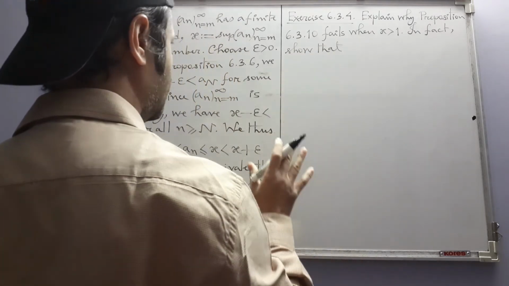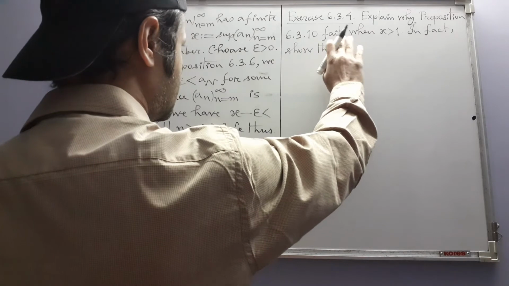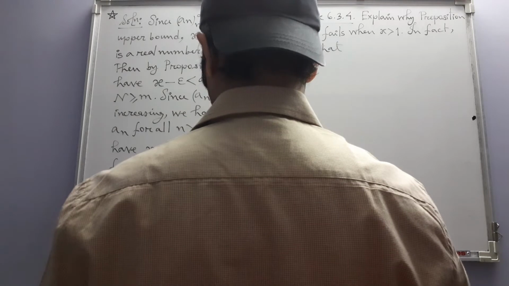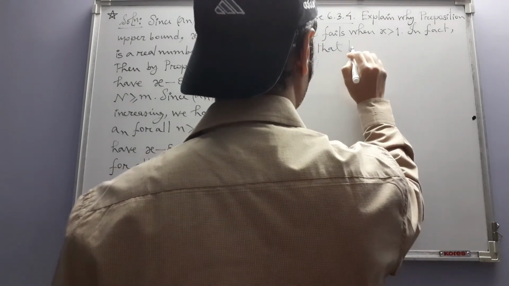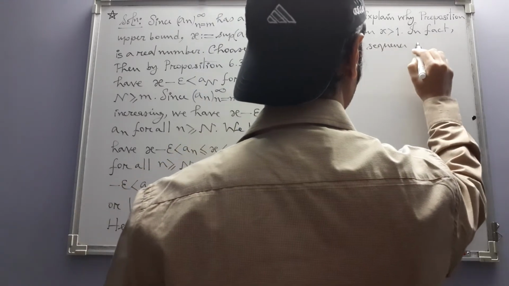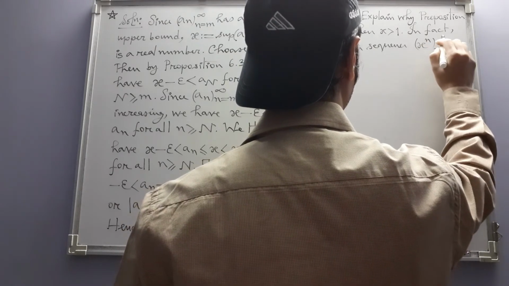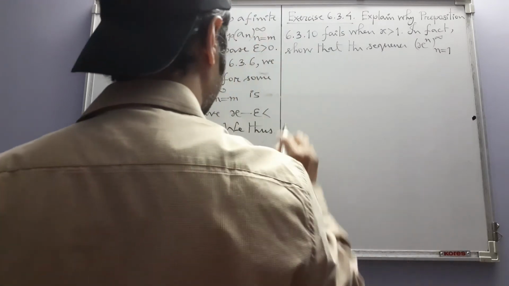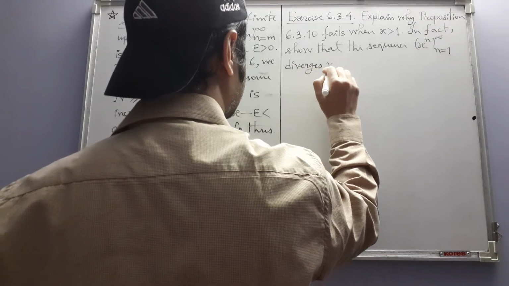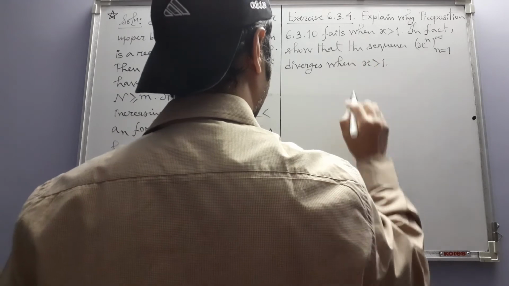In fact, show that the sequence x to the power n, where n varies from 1 to infinity, diverges when x is greater than 1.